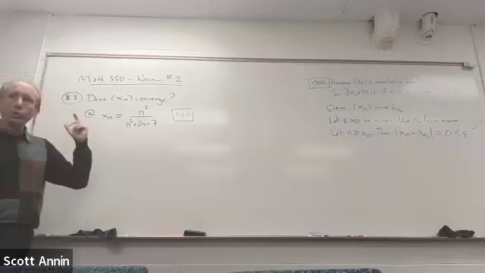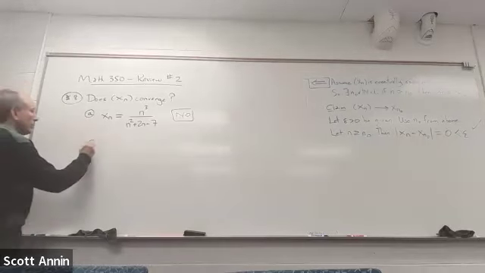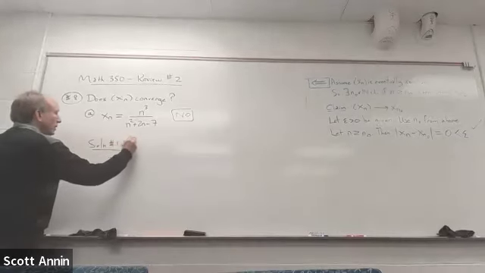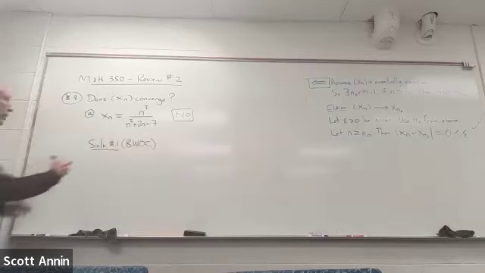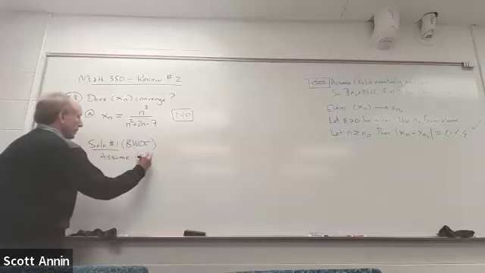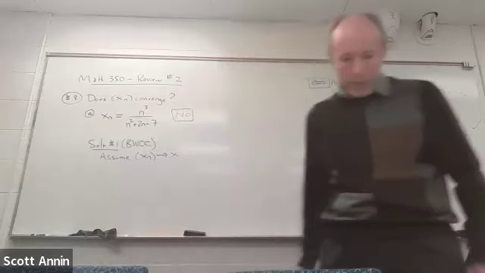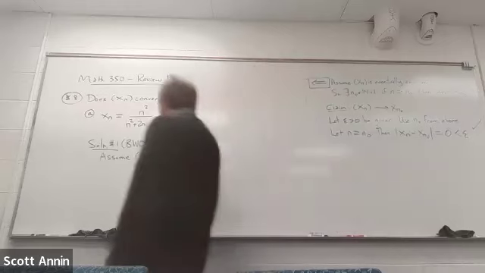One way would be to just do it by way of contradiction. Let's actually start writing that down. What you can do here is say, by way of contradiction, let's assume that xn does converge to some x. We can certainly do that.